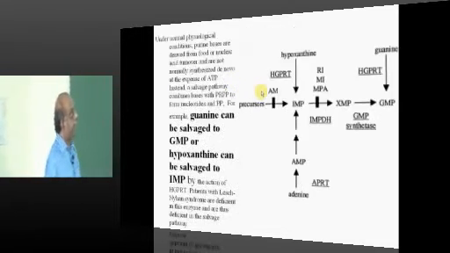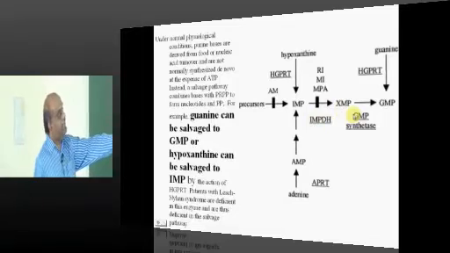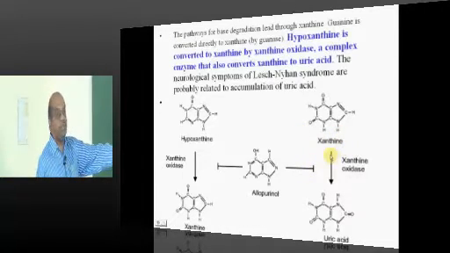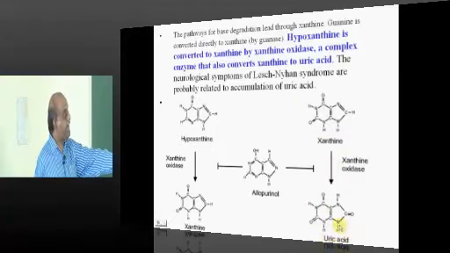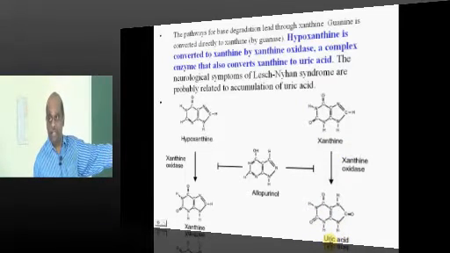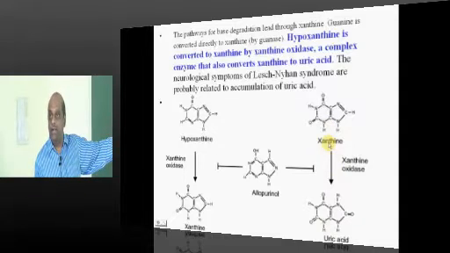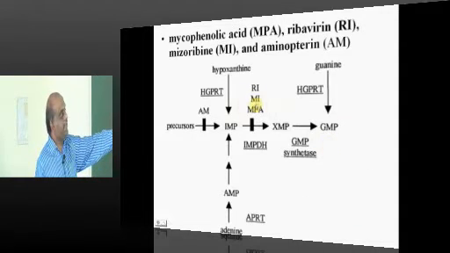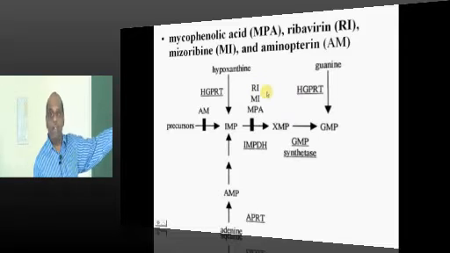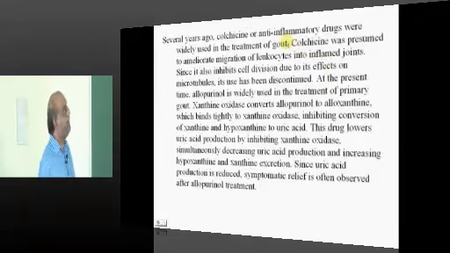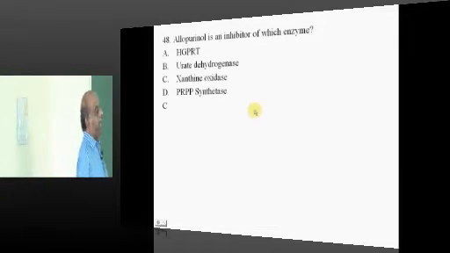Now, you can see that it is the xanthine which is converted directly into uric acid by xanthine oxidase. And excess xanthine production will occur if there is an interruption in the breakdown of the nucleotides, which is the problem in Lesch-Nyhan.